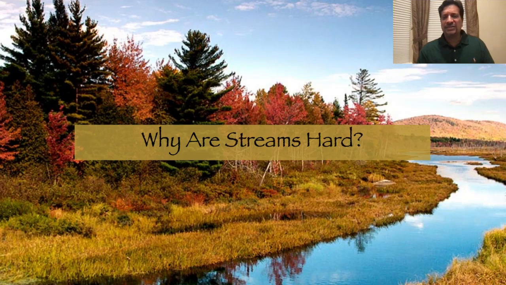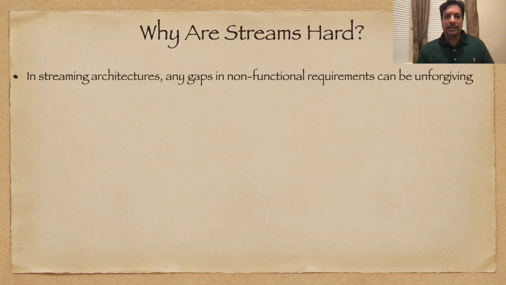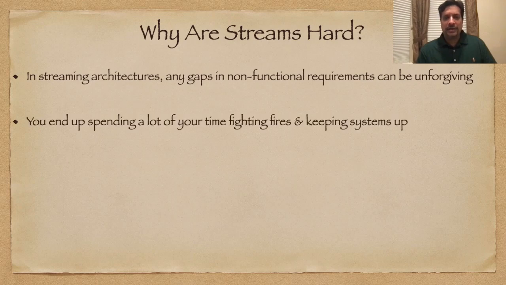So what makes streams hard? Well, let's have a look at this picture. There are lots of moving parts. It has a very large surface area, which means that there are many places where errors can occur. In streaming architectures, any gaps in non-functional requirements can be very unforgiving. You end up spending a lot of your time fighting fires and keeping systems up.